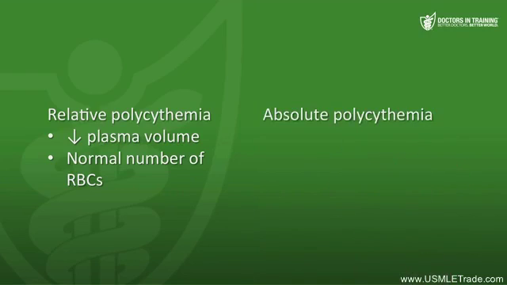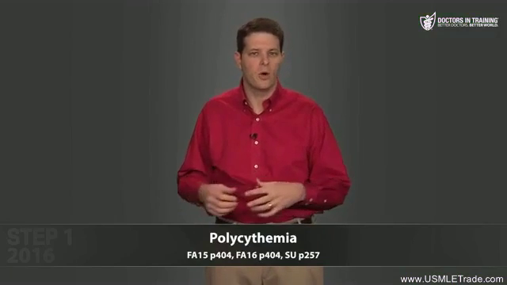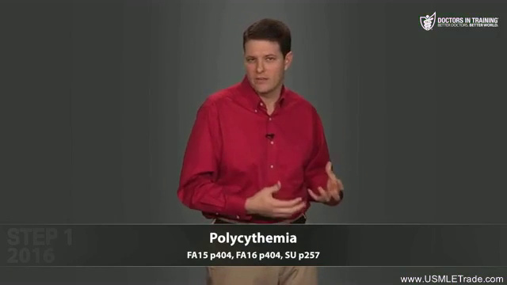Absolute polycythemia means that the plasma volume is normal, and you actually have too many red cells. And you can also break it down by whether this is an appropriate increase in red cell mass, like with hypoxia, as we just mentioned, or whether it's an inappropriate increase in red cell mass because of ectopic erythropoietin production. And then with polycythemia vera, again, this is due to neoplastic transformation of a red cell precursor, not due to excess erythropoietin. All right, let's move on to the end of session quiz.